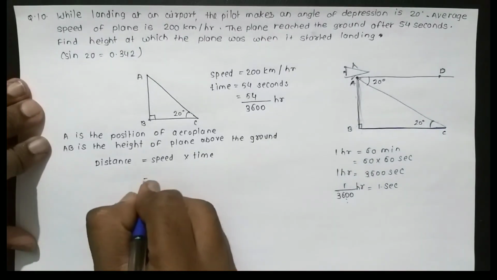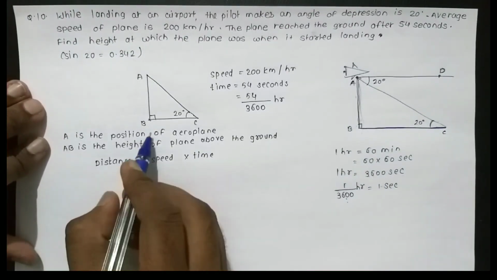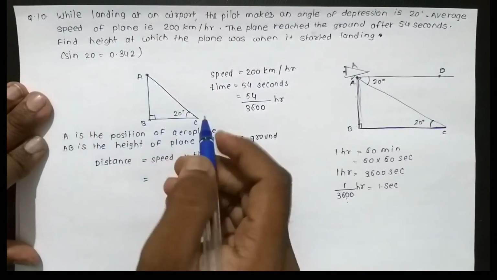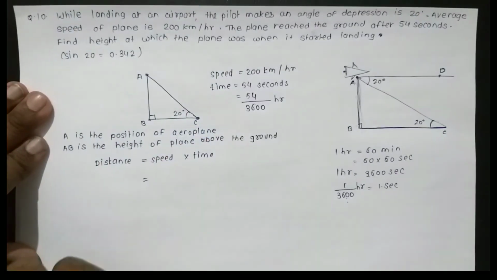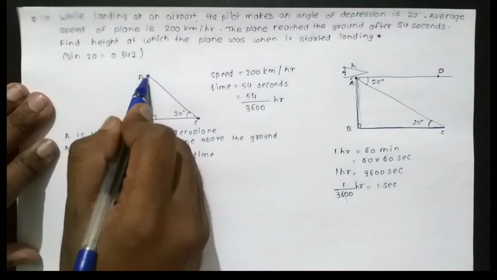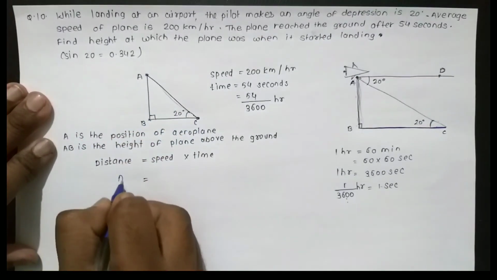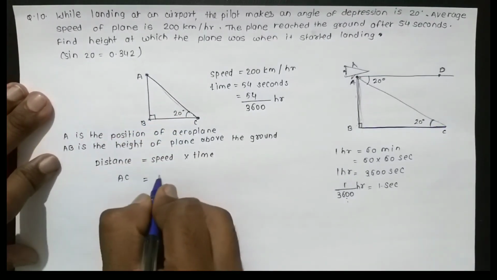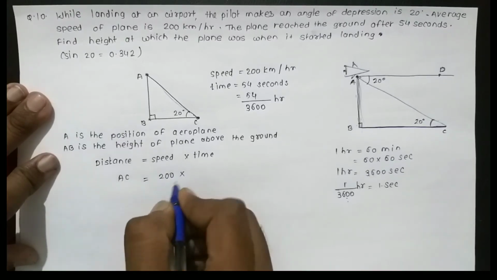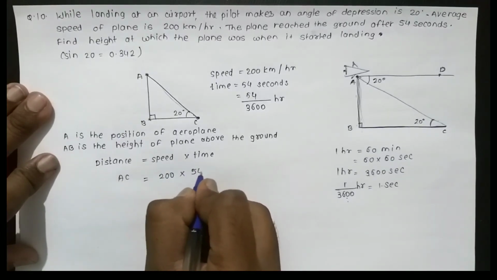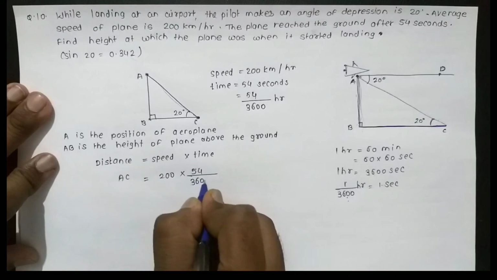Then right here, the distance: the plane is here, the landing point is C. This distance AC we have to find. So distance AC is equal to speed 200 multiplied by time. Time must be in hours, so 54 upon 3600.